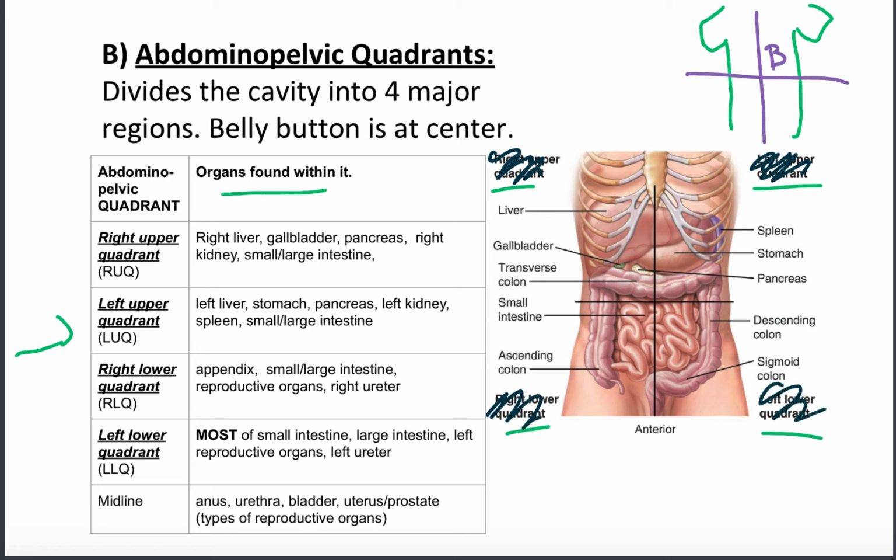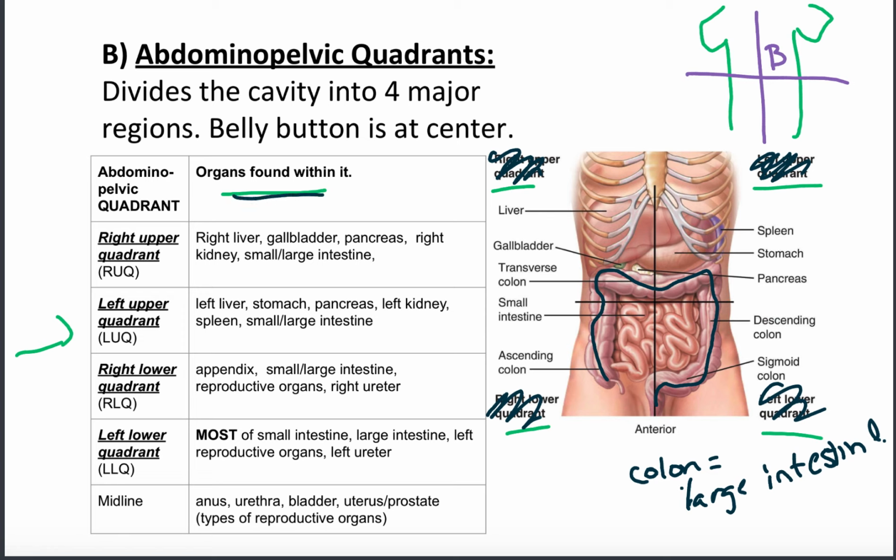And then I'll ask you, where's the large intestine found? By the way, whenever you see the word colon, that's just a fancy term for large intestine. But then you should go, okay, I see the large intestine here, here, here, and here. Okay, it's found in every single quadrant. That's about what we're looking for. But as a guiding thumb, I'm just going to give you the list of organs so you know what you're looking at.